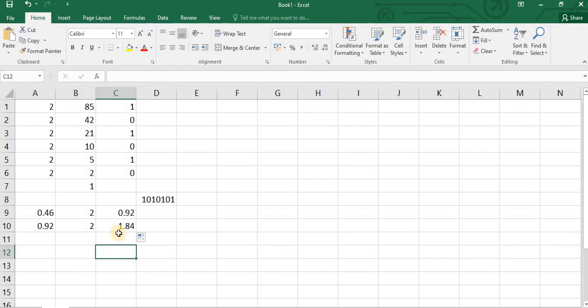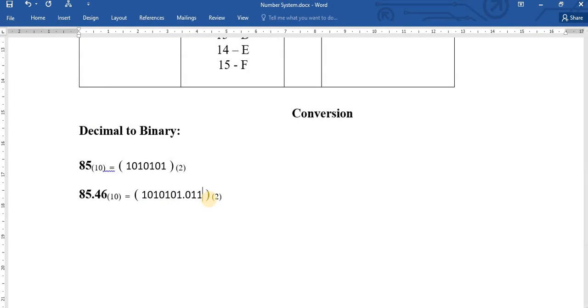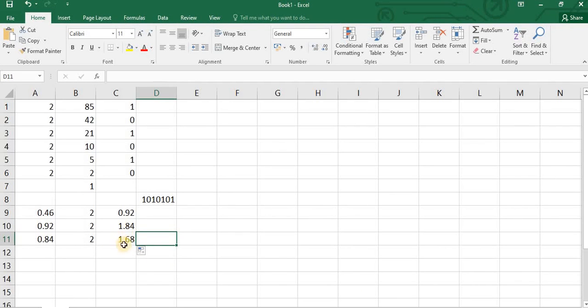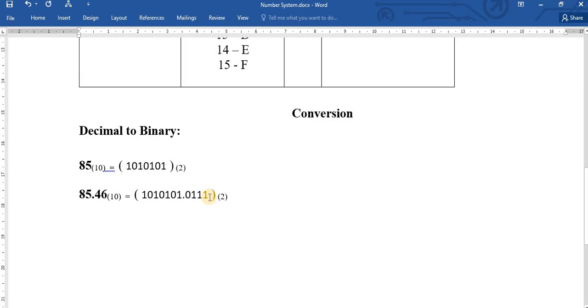Okay, now the decimal part is 0.84, and you have to multiply it by 2, you will get 1.68. So before decimal you are getting 1, write down here 1. Okay, now next decimal part is 0.68 and multiplied by 2, and you will get 1.36. So write down here 1. I think up to 4 decimal places is sufficient.